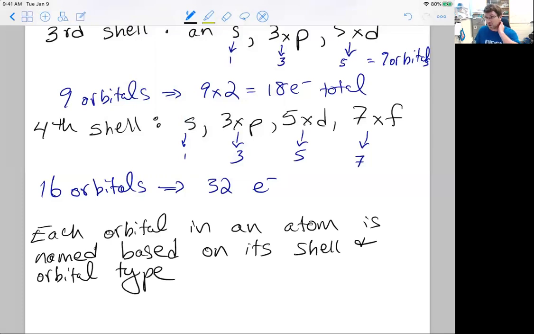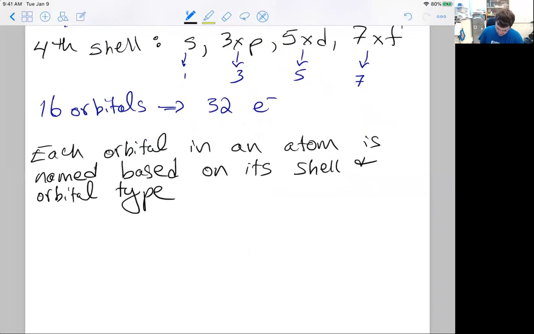So based on its shell and orbital type, we will actually be able to name each of these orbitals. For example, the first shell has the 1s orbital, and it holds 2 electrons.